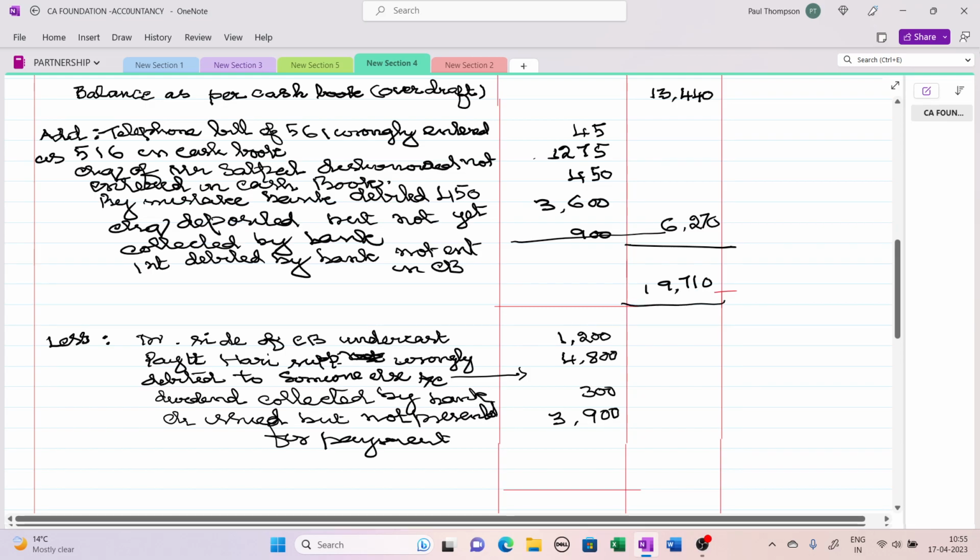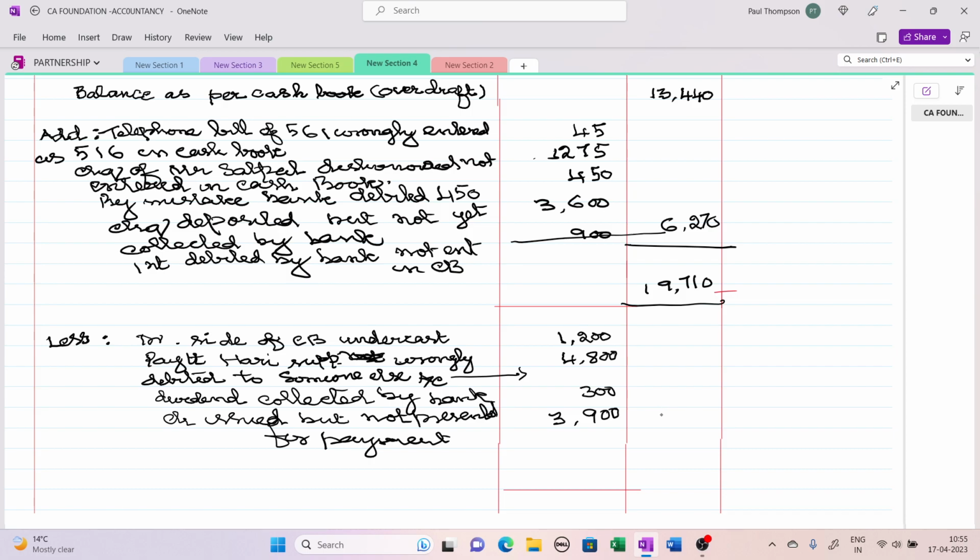So now how the overdraft has come down by 4,800 plus 1,200, 5 plus 1, 6, 6 plus 3, 9, 9 plus 1, 10,200. So what is the balancing figure? 19,710 minus 10,200.